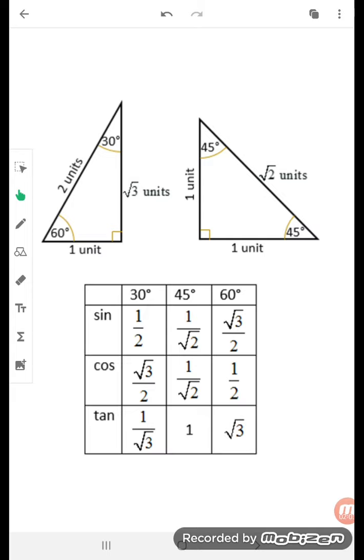Okay, we can show this table another way.